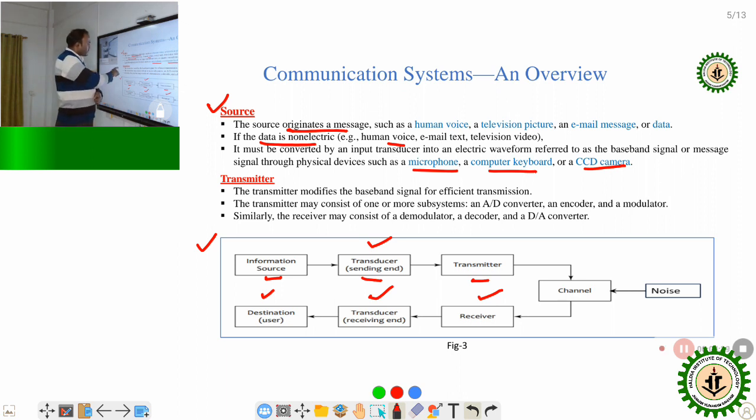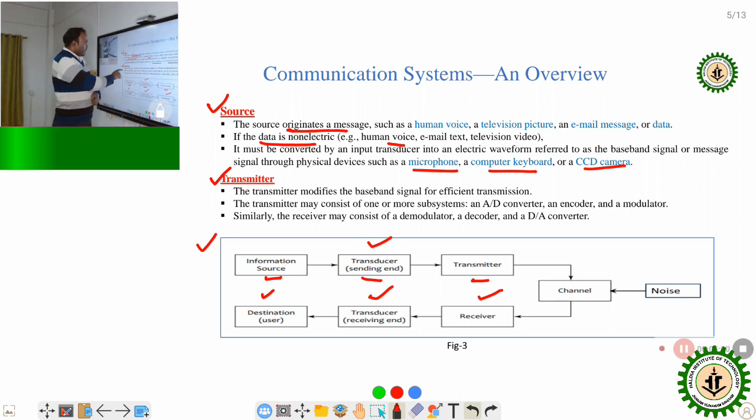Next is the transmitter. The transmitter is used to transmit the message, or the baseband signal, through some channel to the proper destination. That is the purpose of the transmitter.